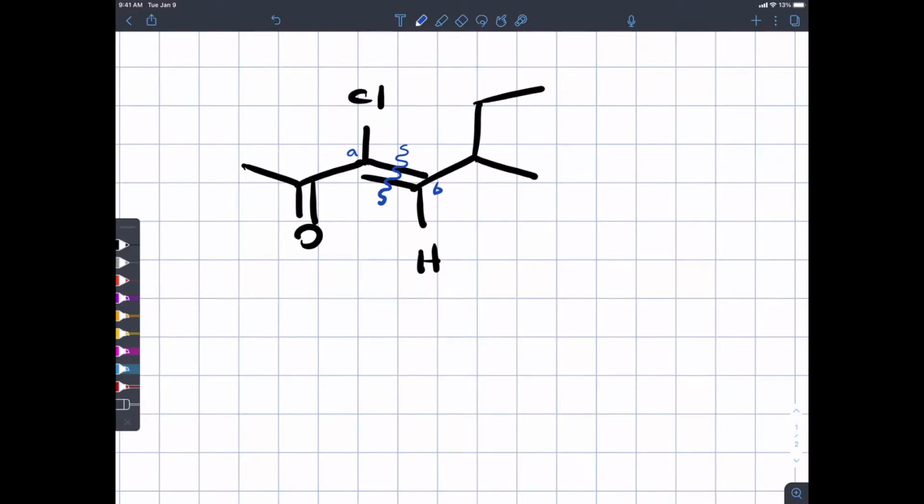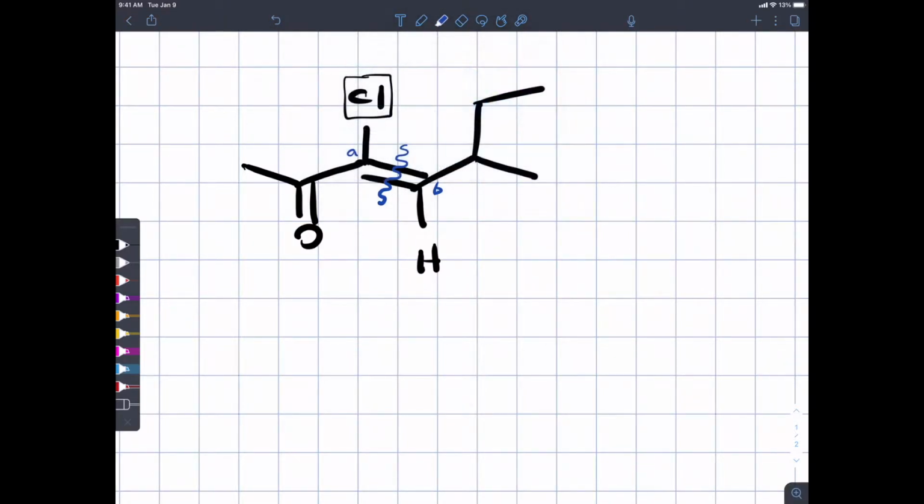And our question is, which of the two groups attached to carbon A is going to be the highest priority one? So we look at the two atoms, chlorine versus carbon. If they're not the same atom, then we can choose which one wins directly. And in this case, chlorine's heavier than carbon.